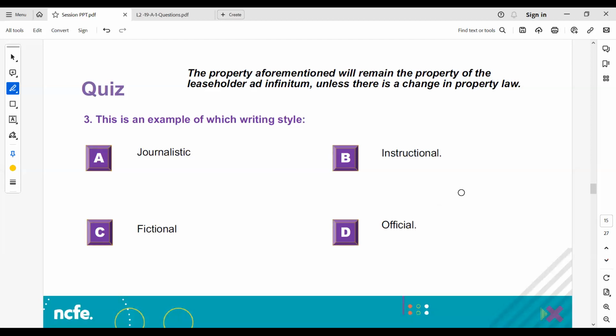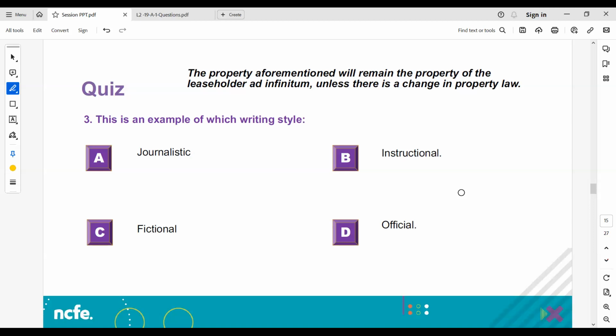The property will remain the property of the leaseholder ad infinitum. So ad infinitum isn't English, is it? That's Latin. So it's very archaic. It's using Latin. It's archaic language. So what type of text did we look at that might feature possible archaic language such as Latin, formal language?